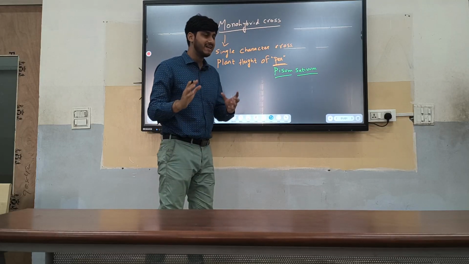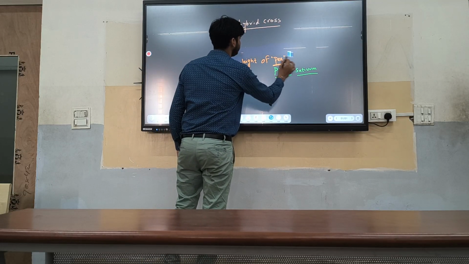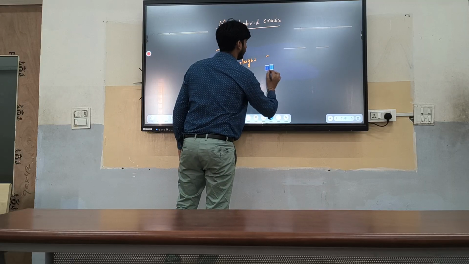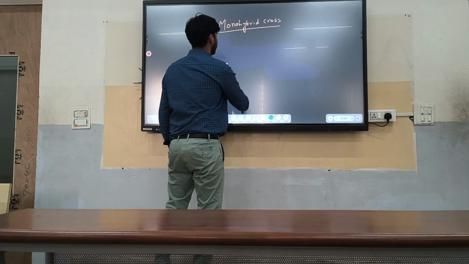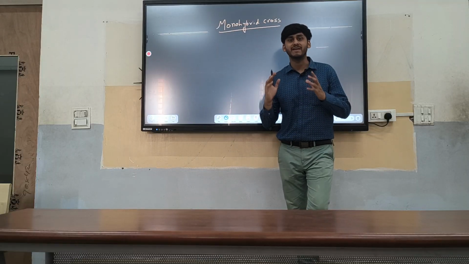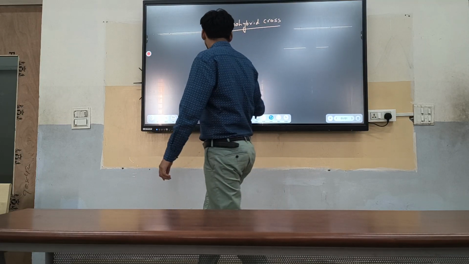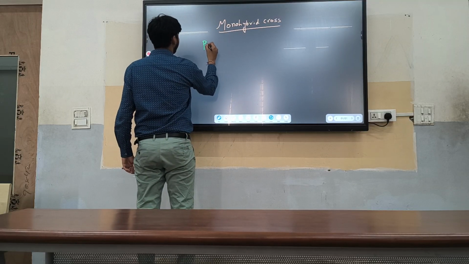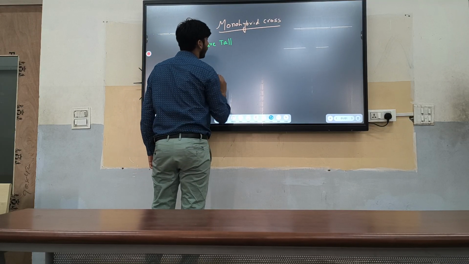So what Mendel did was, in the first generation or the parental generation, he took two plants. One was pure tall. Pure tall means the pea plant was purely tall.